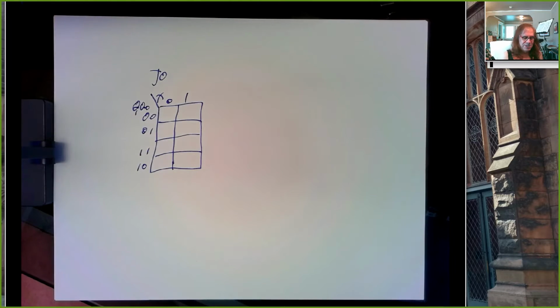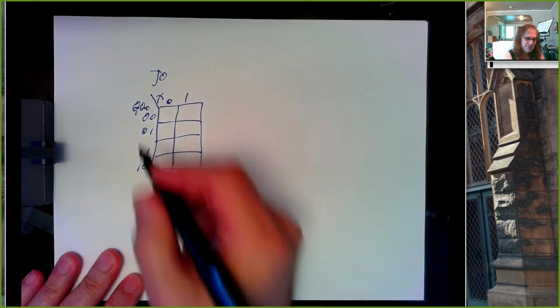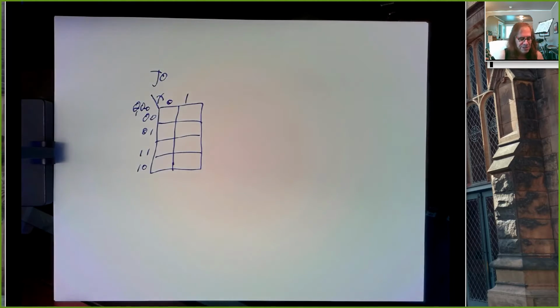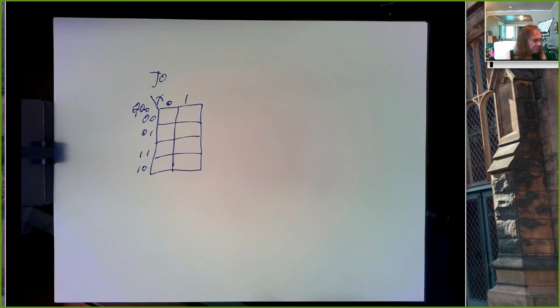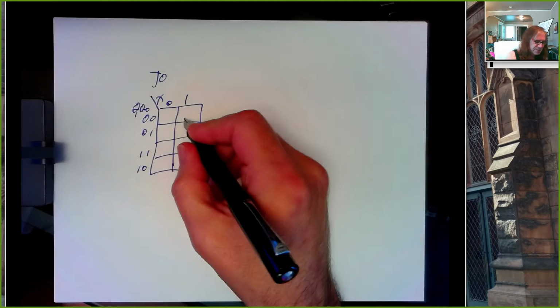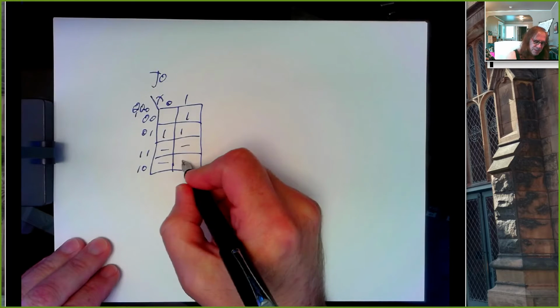Right, so that somebody looking at this can tell this is the minimization for J0, and here's the values of Q1, Q0, so that if you don't come up with the right equation, I can tell if you put things in the wrong order or things like that. So for J0, it looks like this is a 0, 1, 1, 1, and everything else was a don't care.